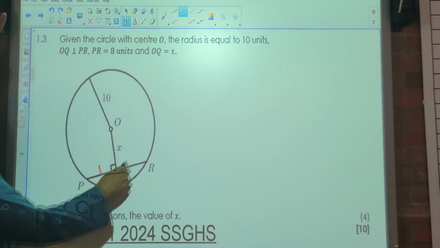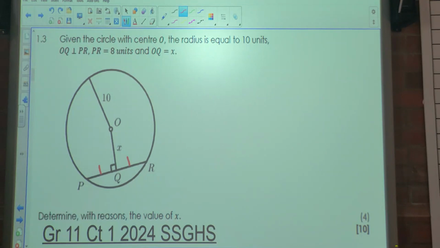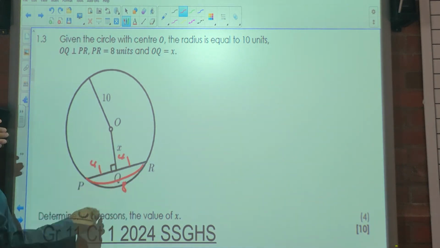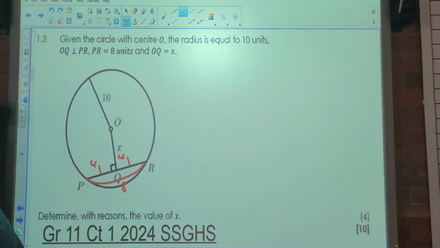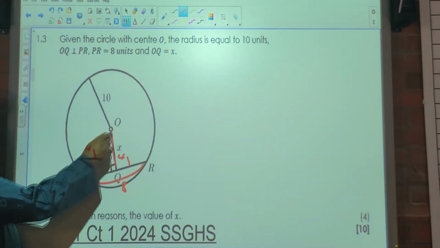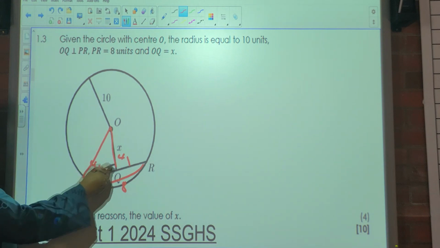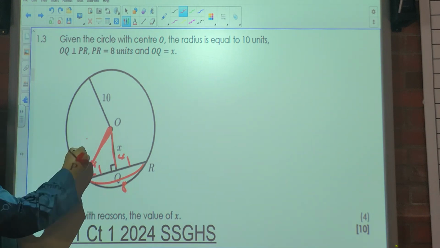We know that PQ is equal to QR. Then we are told that PR is 8, so that's going to be 4 and 4. And OQ is x, which is this length here.